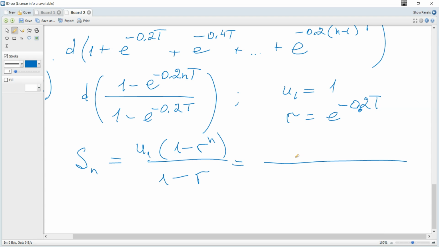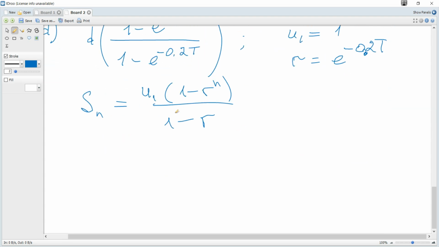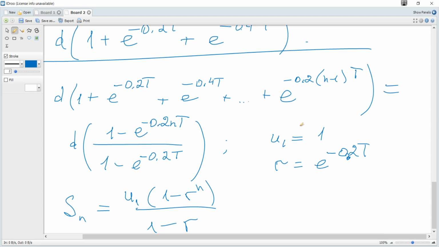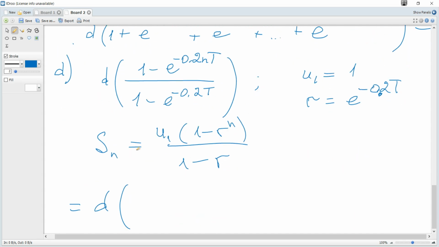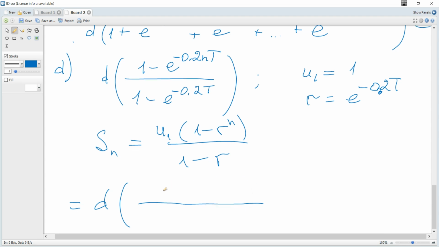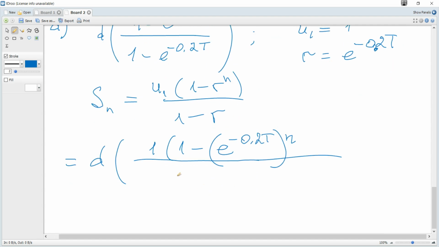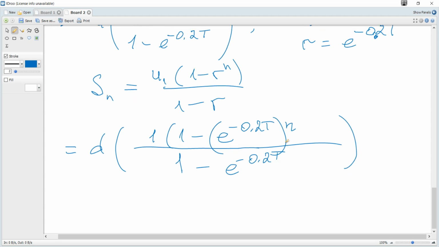Let's rewrite this directly: it is equal to D, and for this expression we apply the formula for the sum of the first n terms, substituting n. It becomes u1, which is 1, multiplied by (1 minus ratio e^(-0.2T) to the power of n) divided by (1 minus ratio e^(-0.2T)).